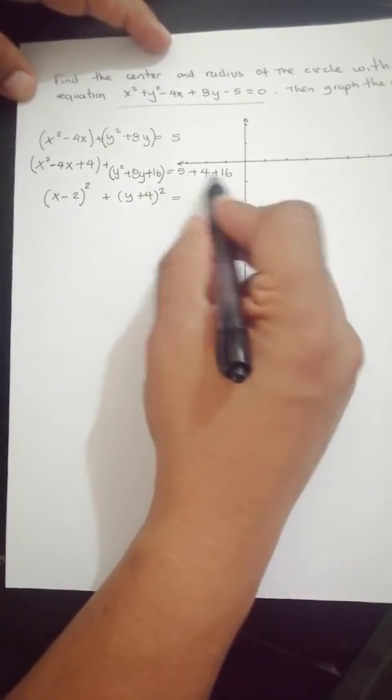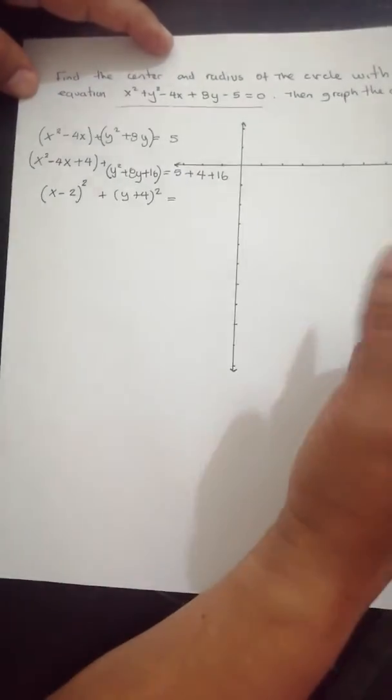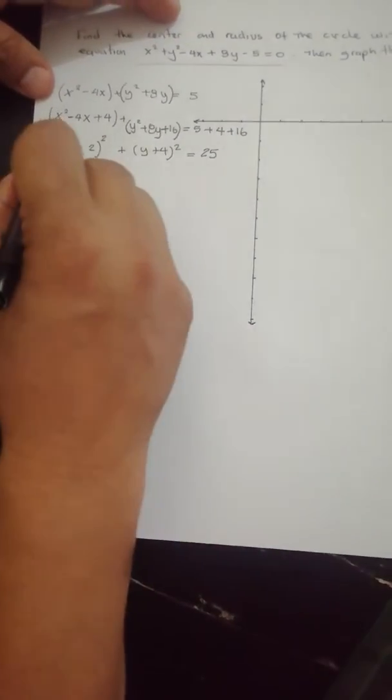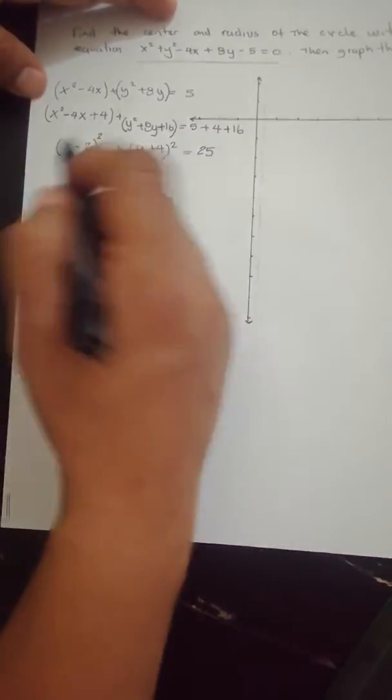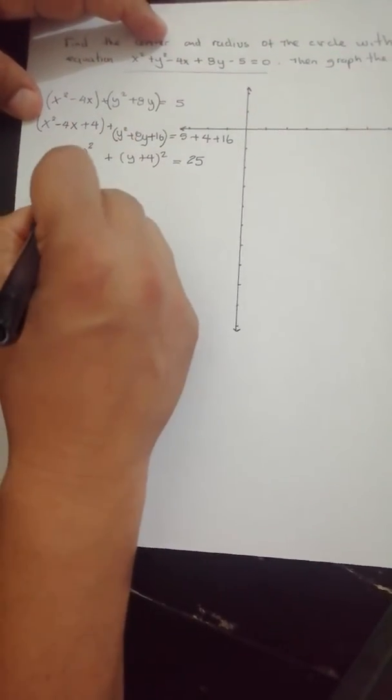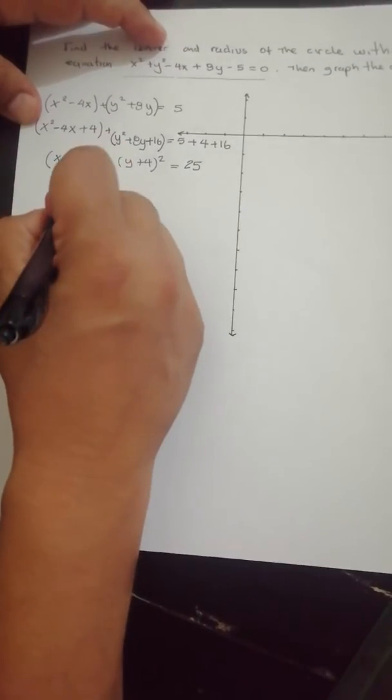And if I add these three numbers that I have on the right side of the equation, that will be 25.